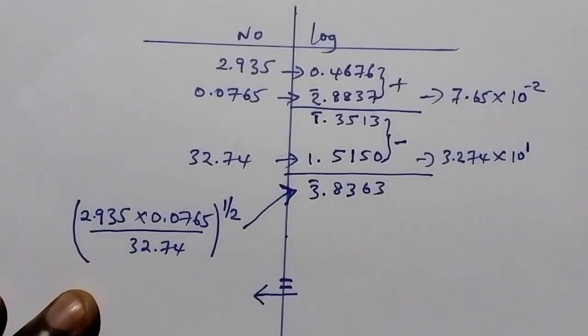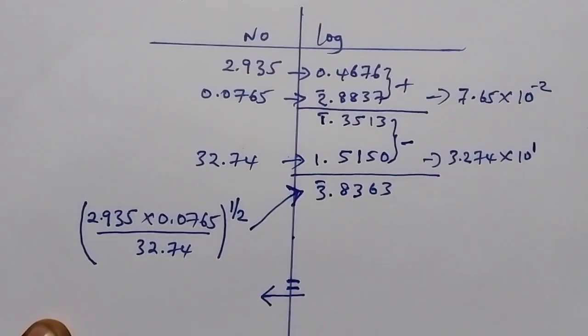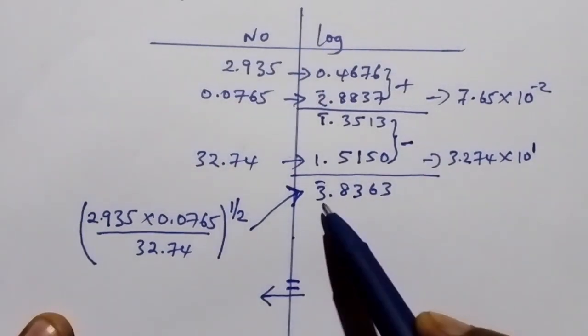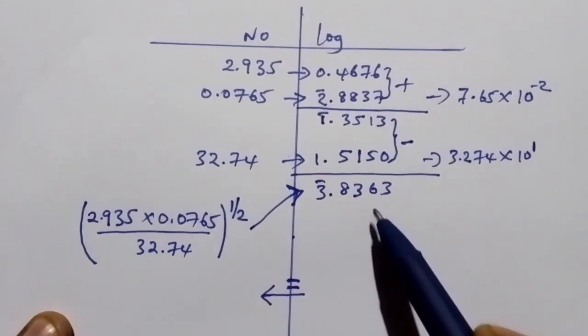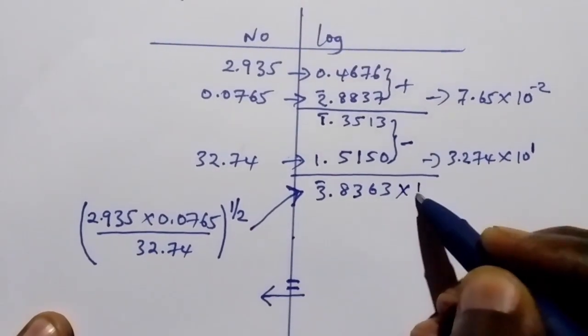So now when we come down here, this is power a half. So power a half of this, it means that this is bar 3.8363. We multiply by a half.